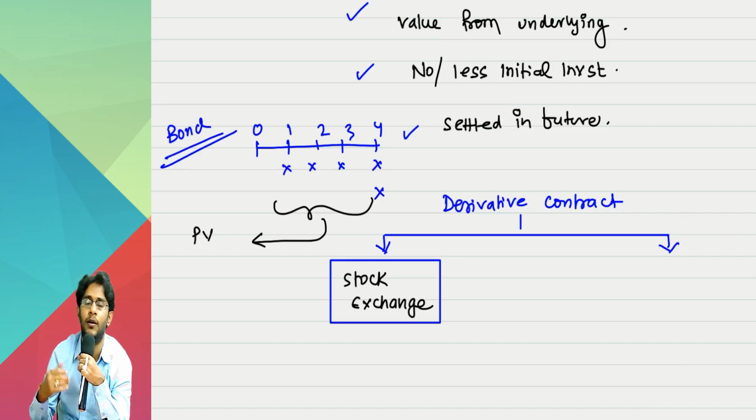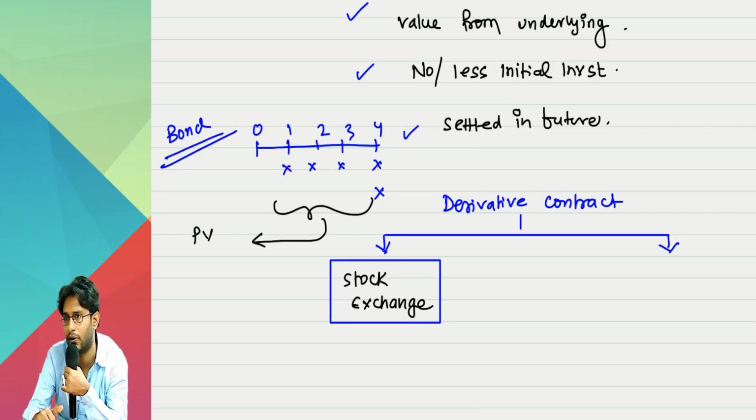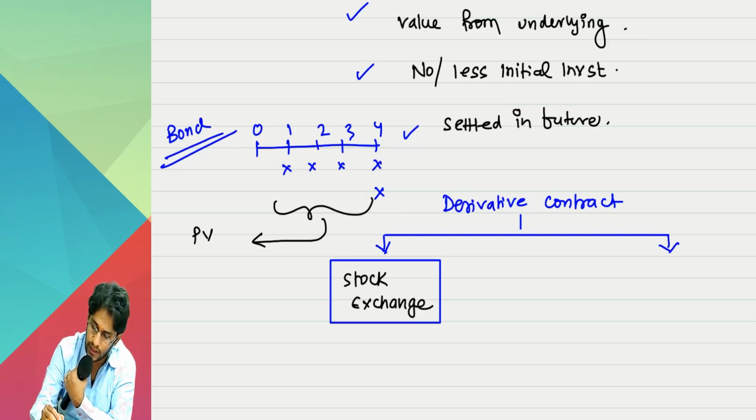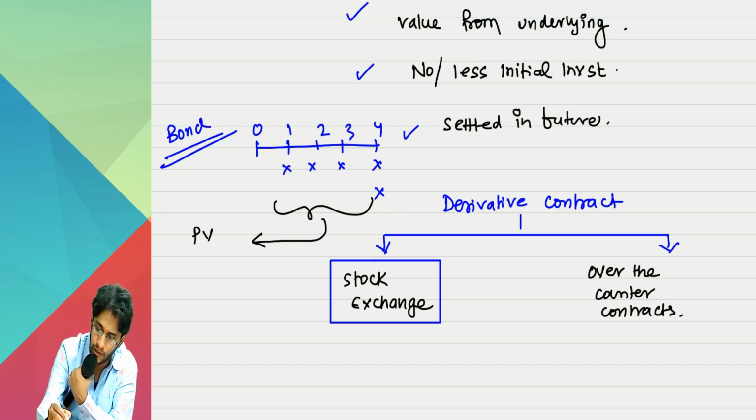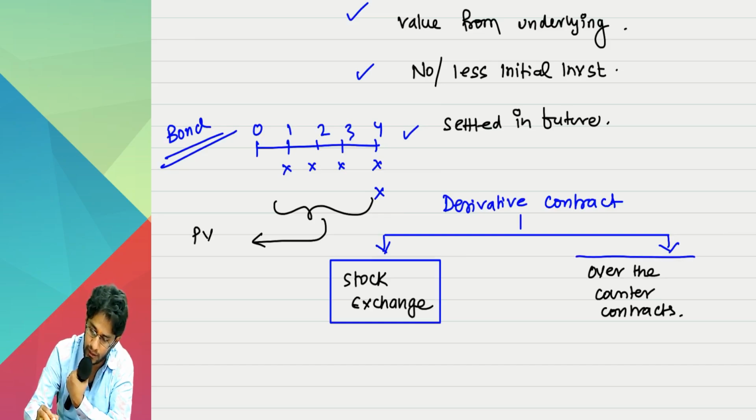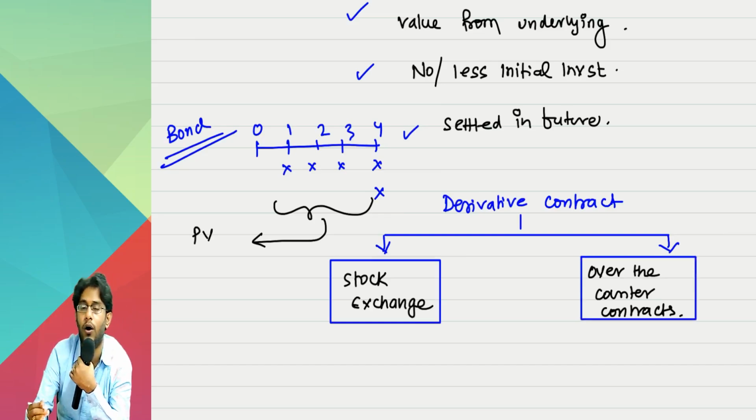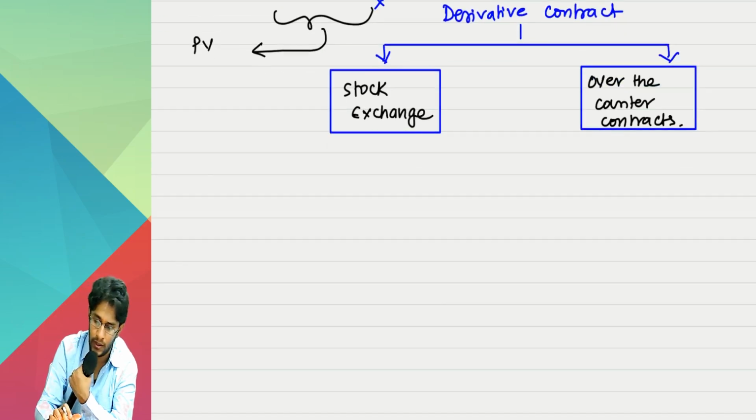For example, between you and me we can create a derivative contract. So these are called over the counter contracts. So derivatives can be entered on a stock exchange or they can be entered over the counter with some other party.